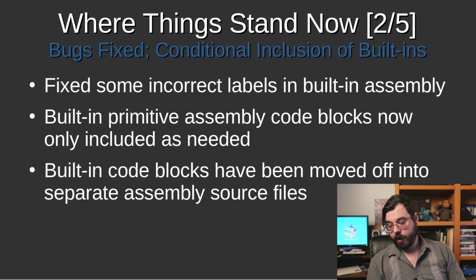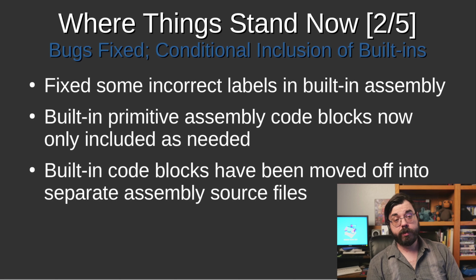Also, this probably falls under the long-term maintainability category, but the code blocks were formerly just living inside of a dictionary or hash table, where there was the function code block name, and then the block as a list of strings, and I would just tack those on.